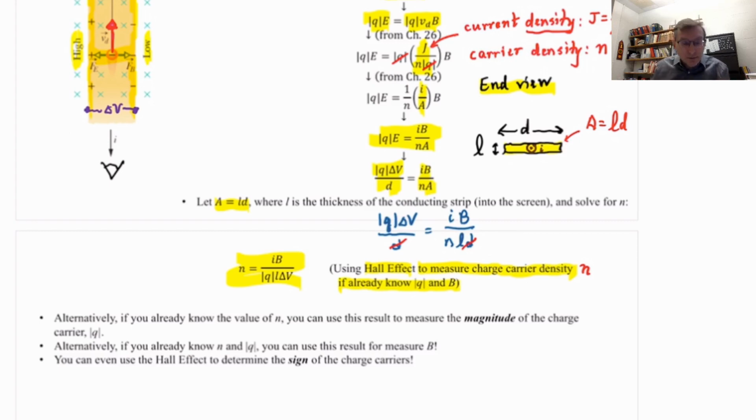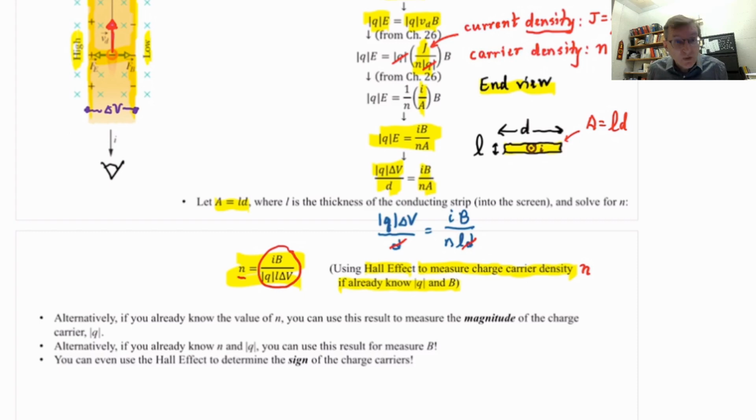You can't go in and count them. This is one way you can measure it. If you can set up this situation where you are able to know from measurements all the things there, then you can measure the carrier density. And then you know what the carrier density is for copper. Boom, you're done. You don't ever have to measure it again, if you don't want to.